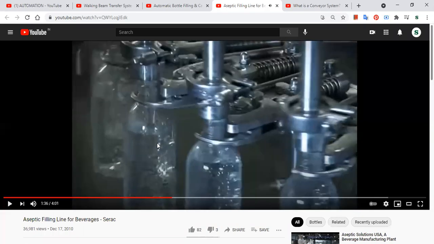Now you understand what we mean by continuous transfer system, right? That it all happens while they're moving. Not static, but while they're moving. That's the basic concept of continuous transfer system. And the very best example is your beverage system.